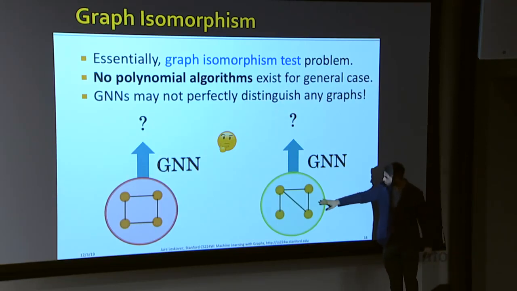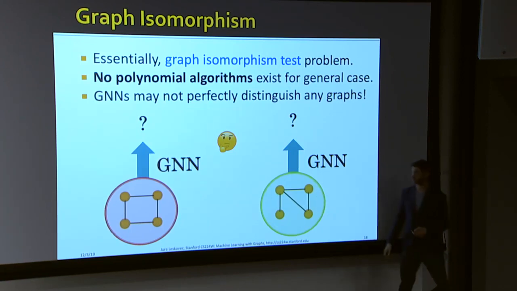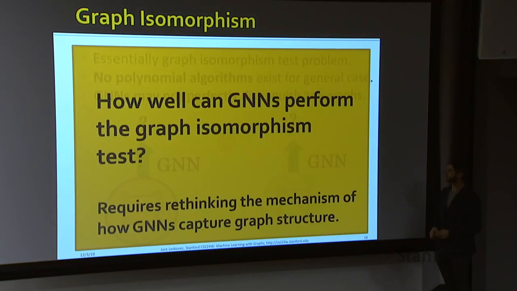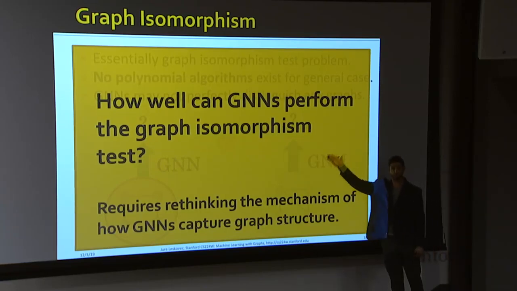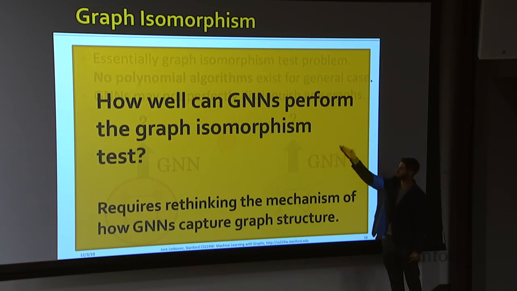So we have to carefully design a GNN to be able to distinguish each possible different graph structure. So how are we going to do that? And how well in the end can GNNs perform the graph isomorphism test? We're going to be running this parallel throughout the whole lecture, at least for the first part of the lecture.